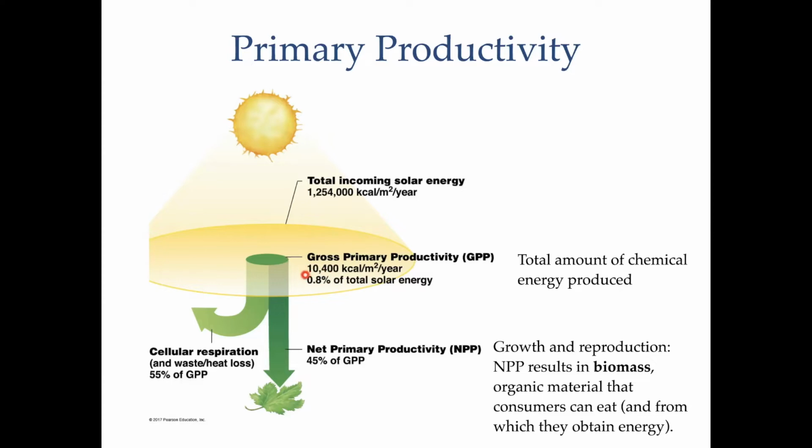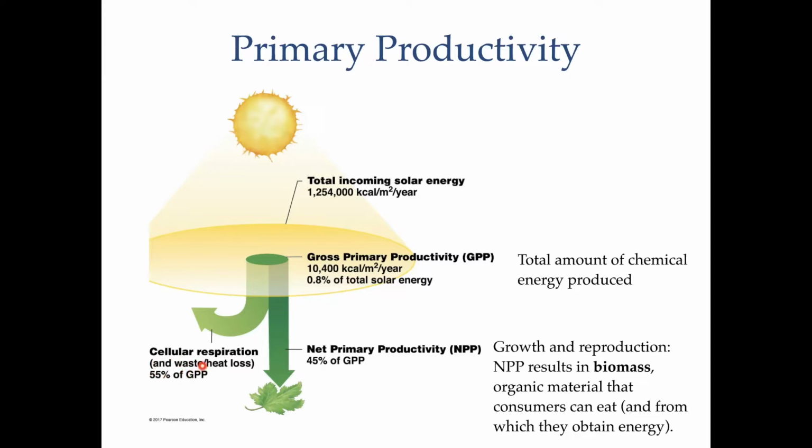From this 0.8%, 55% is going to be used for cellular respiration, or because those metabolic processes are not perfect, some of this energy is also lost through the system in the form of heat and also the waste products of organisms.